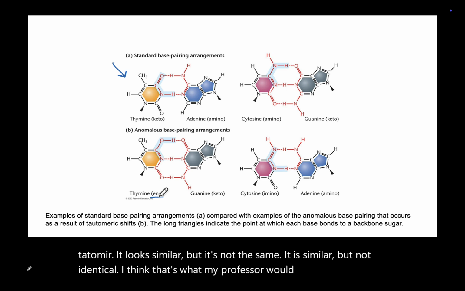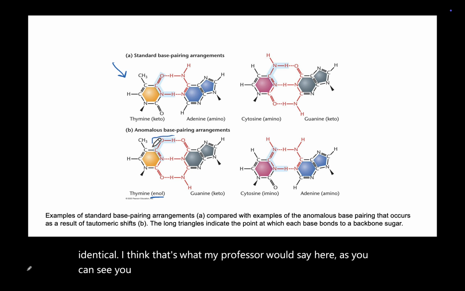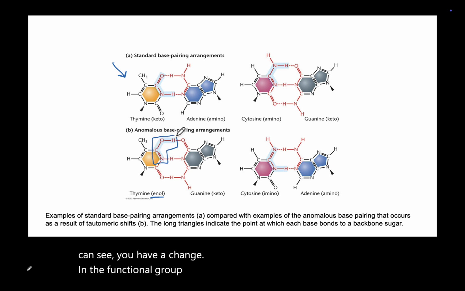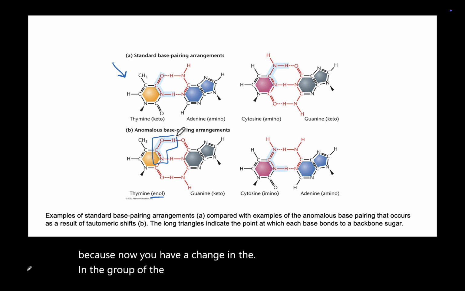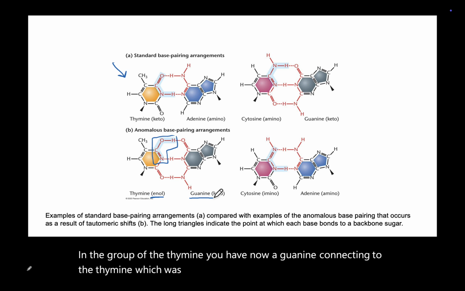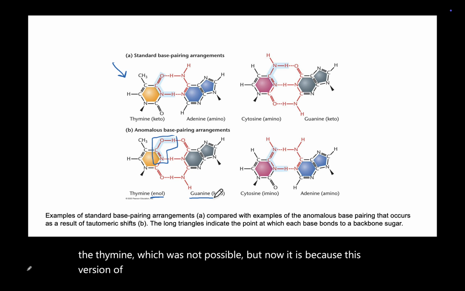Here, as you can see, you have a change in the functional group of that thymine, of that nitrogenous base. Because now you have a change in the group of the thymine, you have a guanine connecting to the thymine, which was not possible before, but now it is, because this version of thymine allows for this pairing.